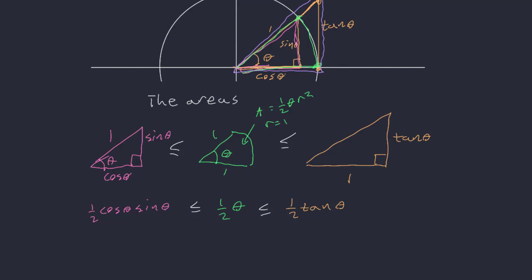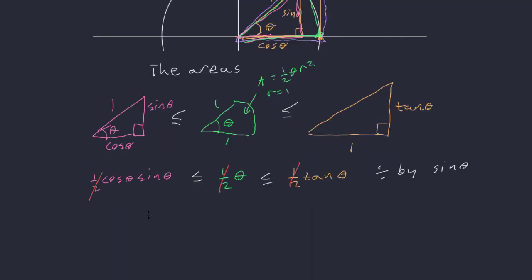Now I'm going to cancel out the 1/2 on all these pieces, and then I'm going to divide through by sine. Here we'll just get cosine theta. Here we'll get theta over sine.